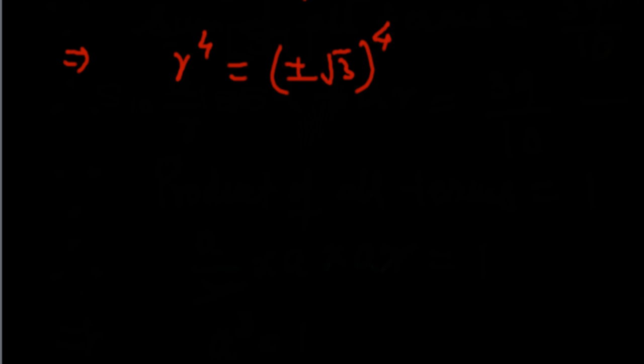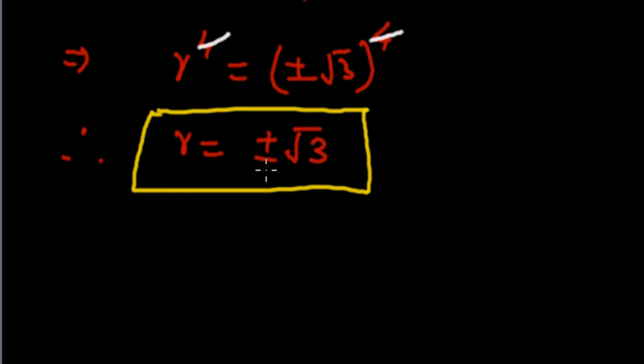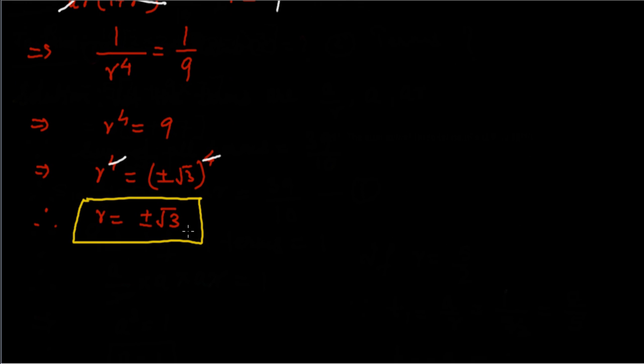The powers are the same, so they eliminate each other, and therefore R is equal to plus minus root 3. We have got R now. Now we just have to put R in the equation. First I put plus root 3 and try to find the other terms. For this we have only got R, and we have to find A.